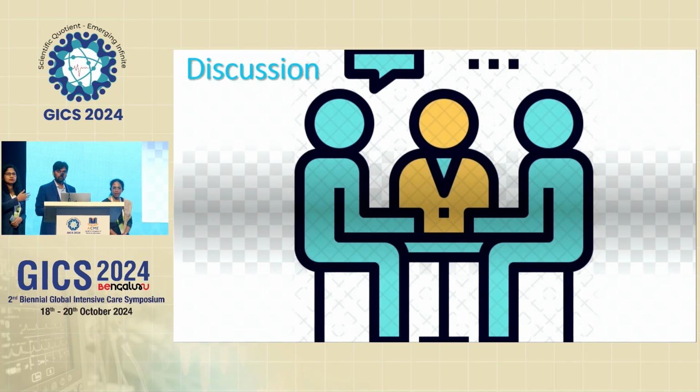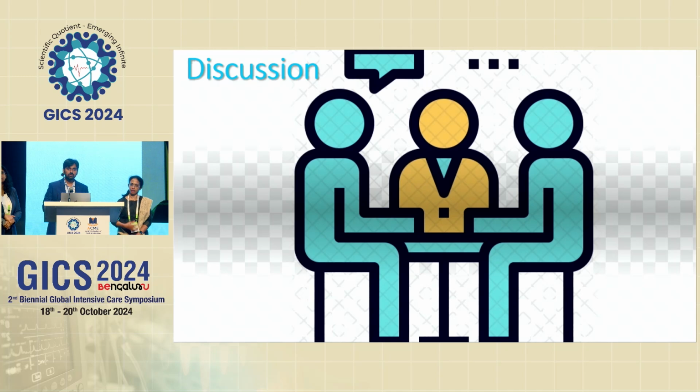Just about trauma resuscitation, in the Indian scenario, this is a critical care forum, isn't it? When we see trauma, most of the time we see severe trauma with hemorrhagic shock, and most of the time they come to us, the tertiary care centers, a bit late.